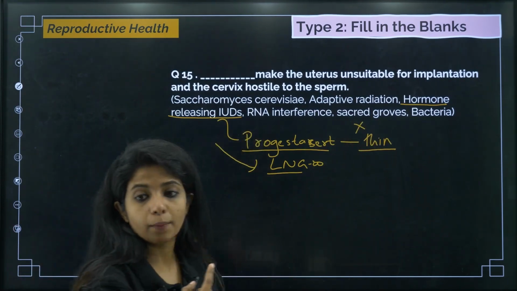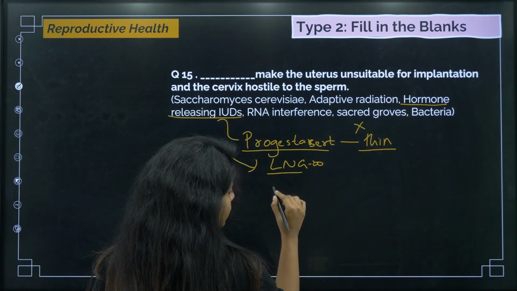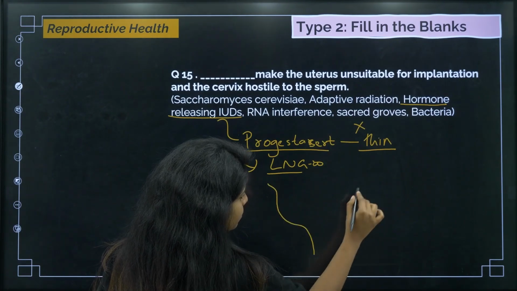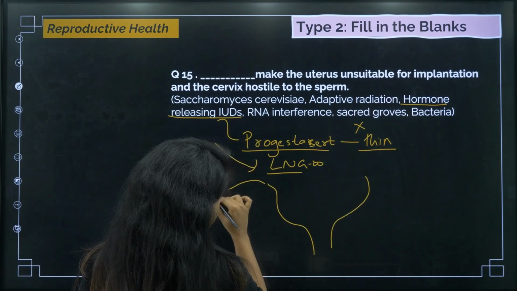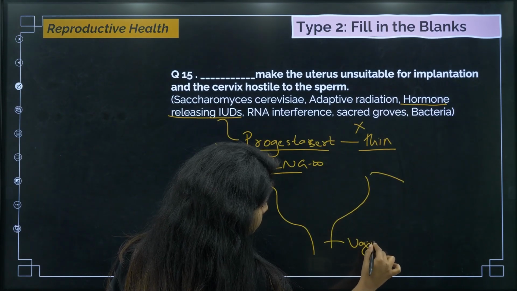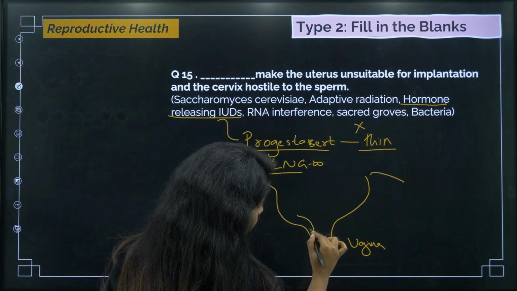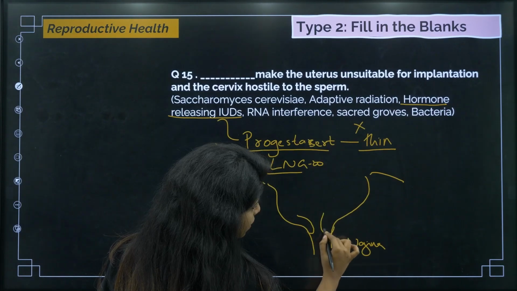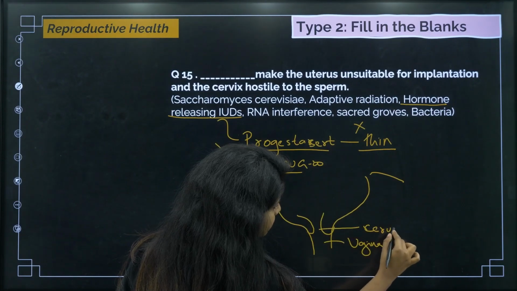And also one more thing, if you see the female body, if this is the uterus, this is the fallopian tube and everything, there is an area like this. This is known as vagina. And over here, there is an area like this. This area is known as the cervix.